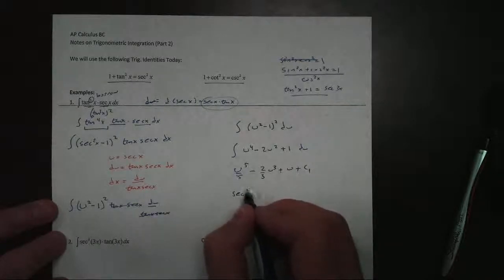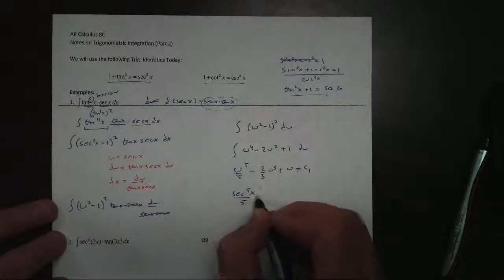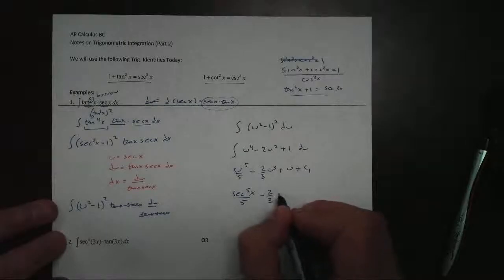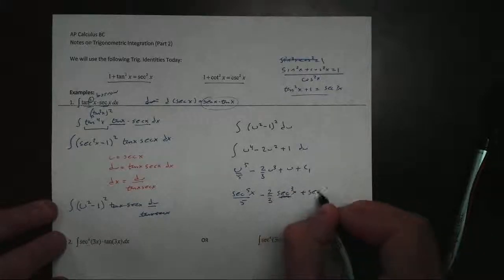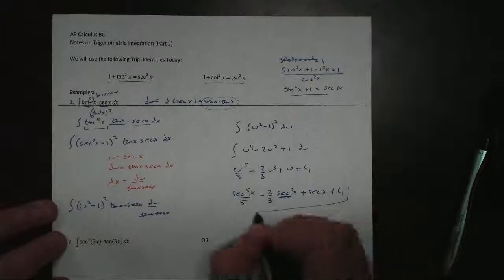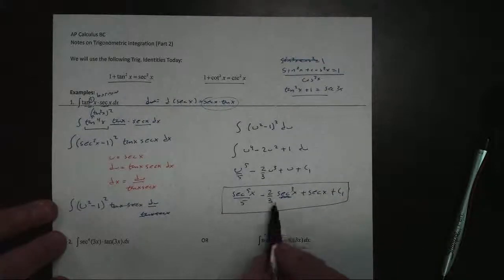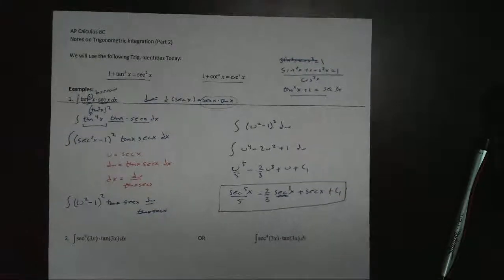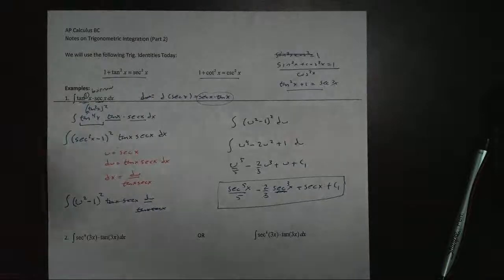I get the secant to the fifth of x over 5 minus 2/3 secant cubed of x, I already had it over 3, plus the secant of x plus c. And there's our final answer. Very easy to do these.